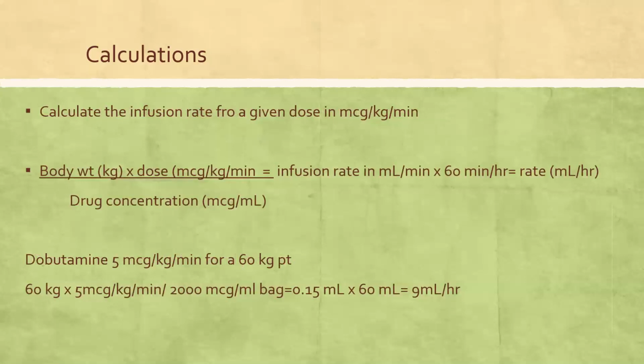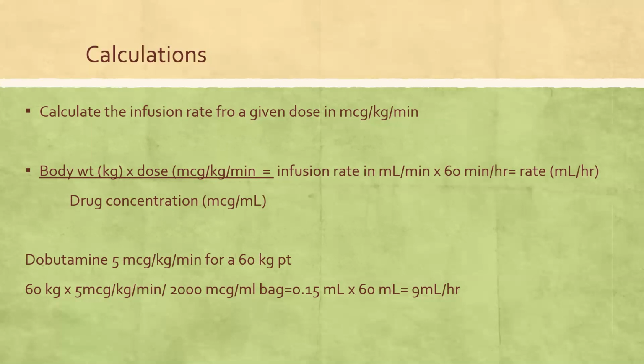So let's say I want dobutamine, 5 micrograms per kilogram per minute for a 60 kilogram patient. So let's look at body weight, 60 kilograms, times the dose, 5 micrograms per kilogram per minute, divided by the drug concentration. Do you remember that's the very first calculation we did in this presentation? We would determine how many micrograms per mil in the bag, and for dobutamine it's 2,000 micrograms per mil.